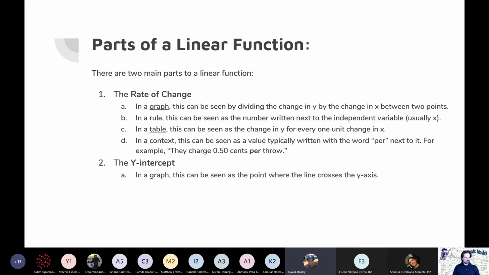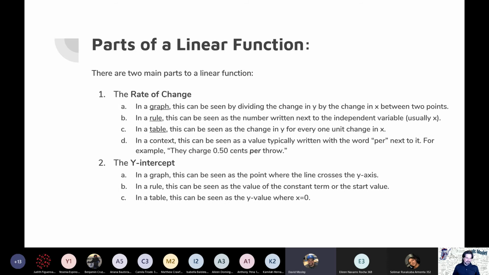In a graph, this can be seen as the point where the line crosses the y-axis. In a rule, this can be seen as the value of the constant term, or the start value. It's the term that doesn't have a variable next to it.